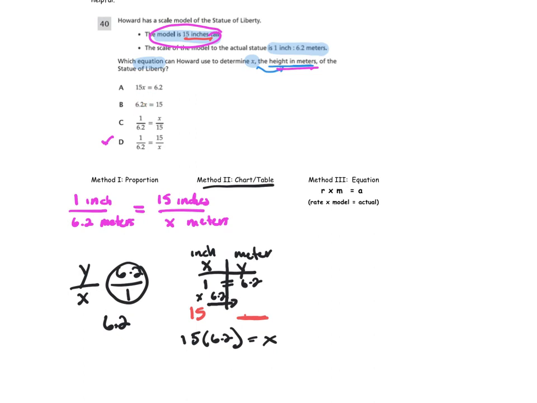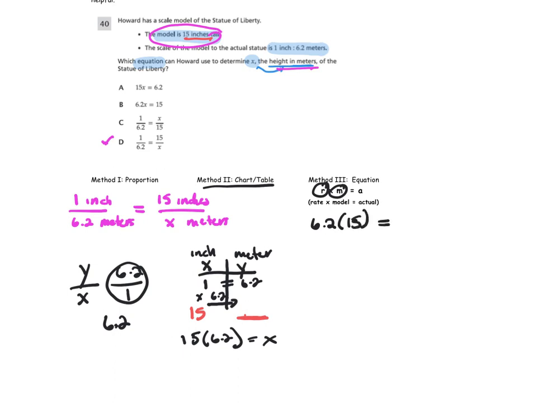So let's try one more method, our third method. Our third method requires us to use the scale factor, which we've already found. So where r is, I'm going to replace it with 6.2. That's the rate. And then the model measurement they gave us was 15 inches. So I'm going to replace the model, M for model, with 15 inches.